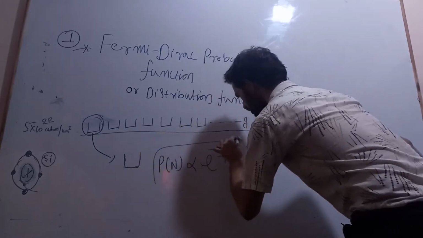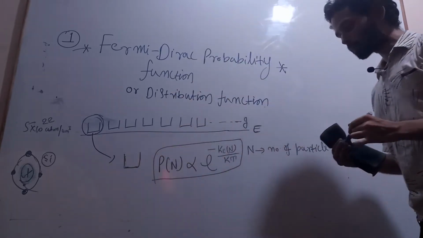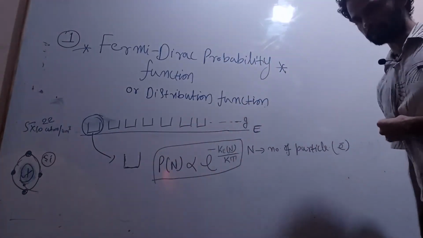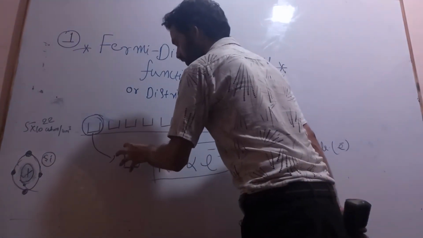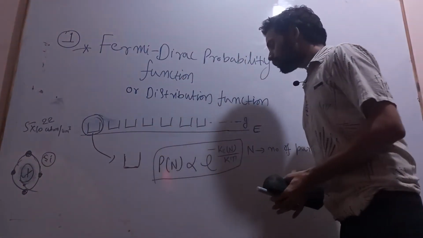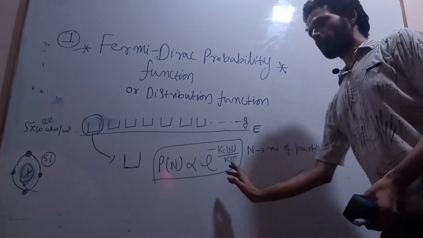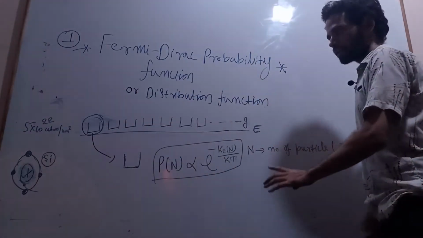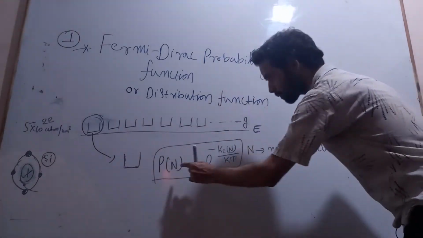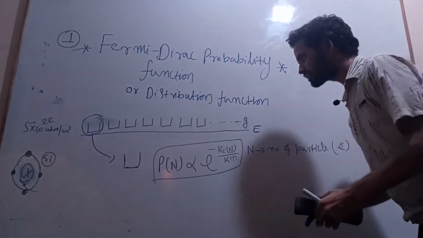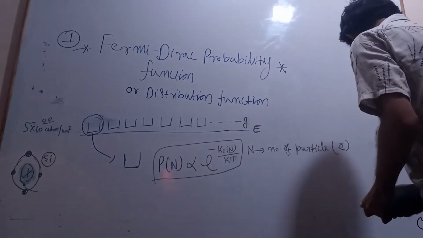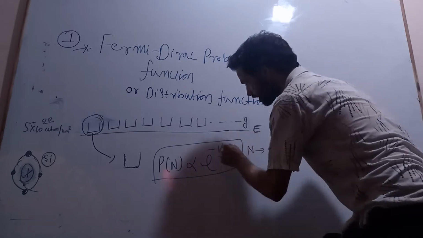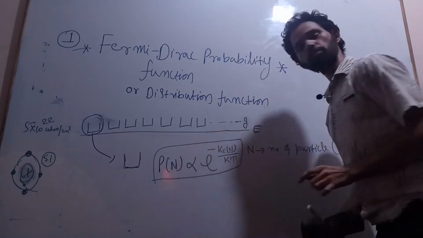So this is my actual probability. Any one particle out of N can occupy this particular quantum state. The probability is proportional to e to the power minus KE by kT, where KE is the kinetic energy of this particle as an electron.